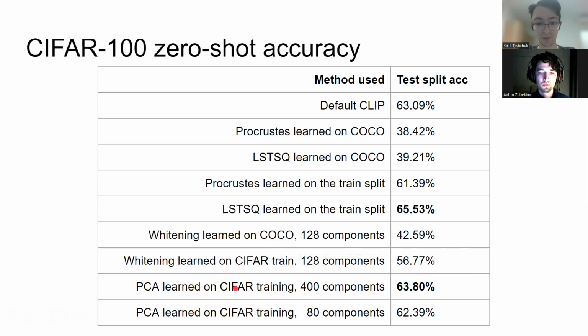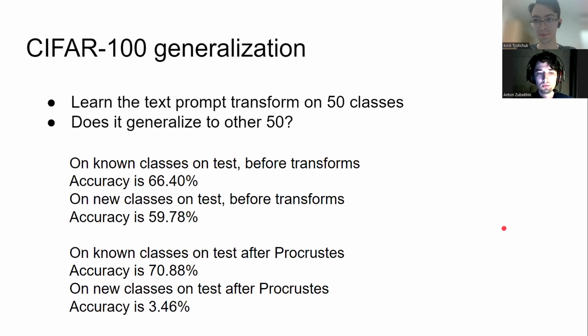But when doing PCA, we can actually both reduce the dimensionality of the embeddings and even get a little accuracy increase. Of course, this is not statistically significant data, but we can see that the 512 dimensional embeddings used for classification of just 100 classes are probably too much. So we can reduce the dimensionality and even maybe gain a little accuracy increase.